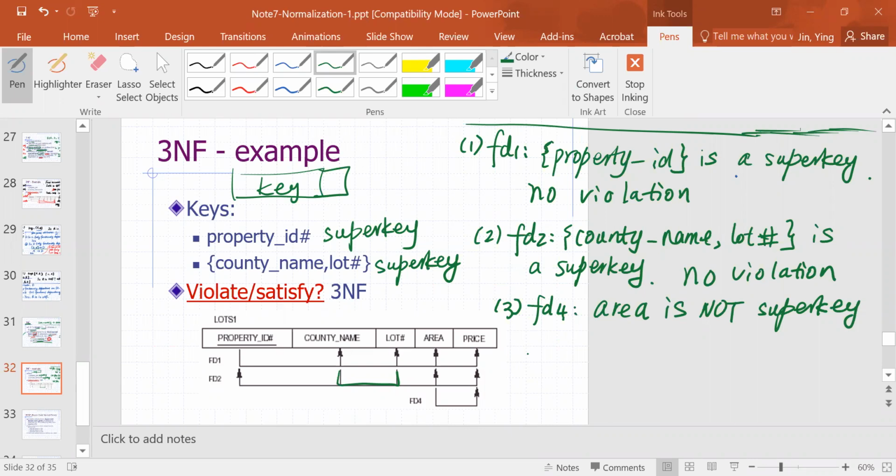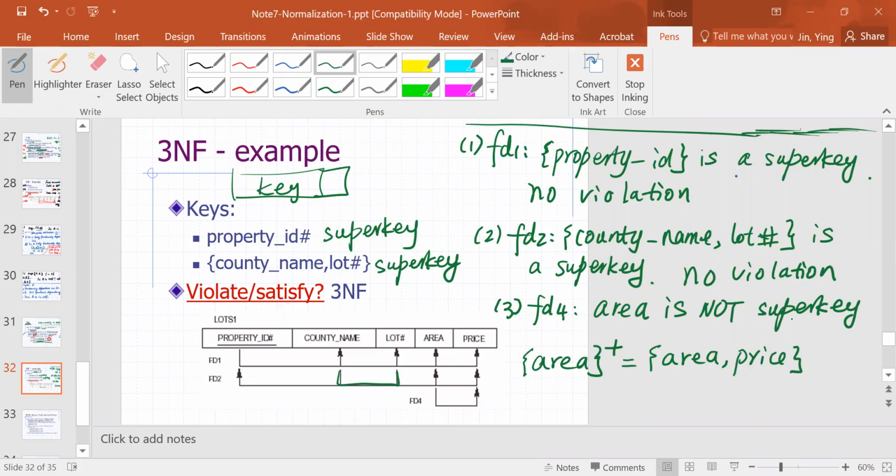Another way to do it is you can calculate the closure of this. According to the closure definition, this one only has 2 elements, right? And this doesn't include all the attributes.